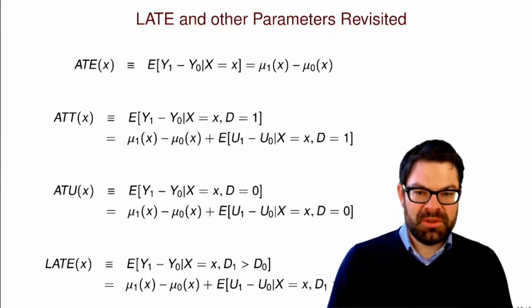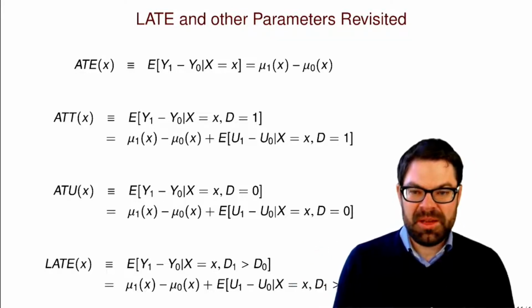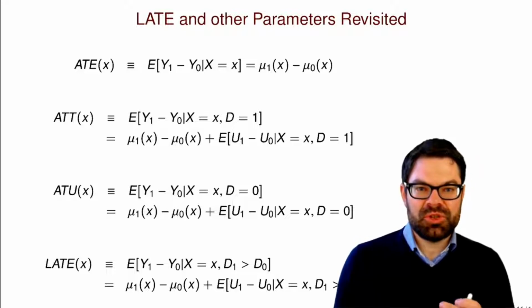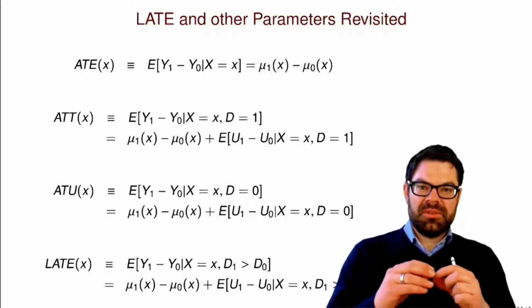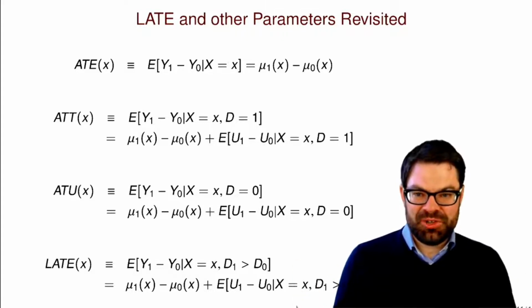The first one you have probably heard about, and you've definitely heard about earlier in this lecture, which is the average treatment effect. Now, how should we imagine the average treatment effect? So think about this as the average treatment effect in the entire population.